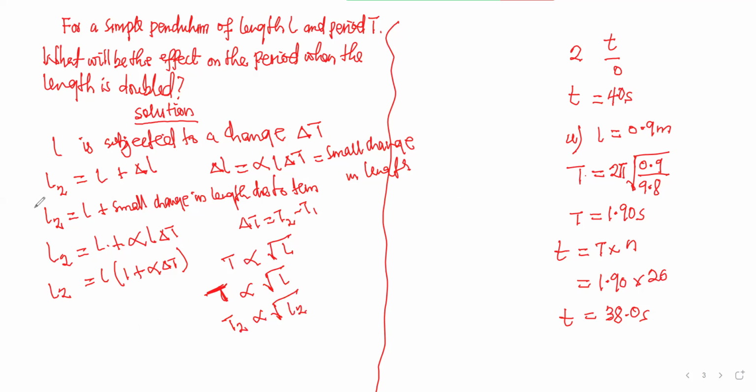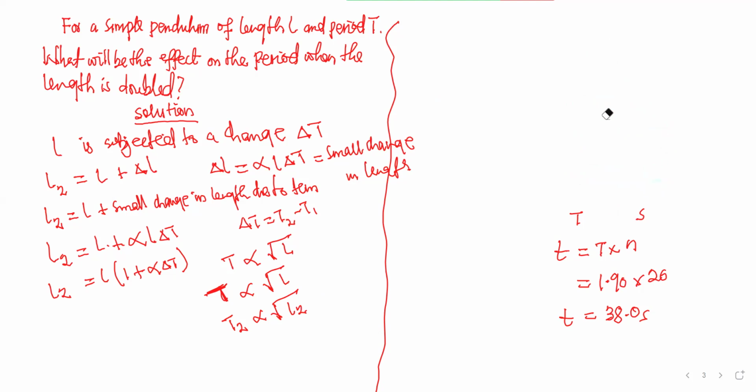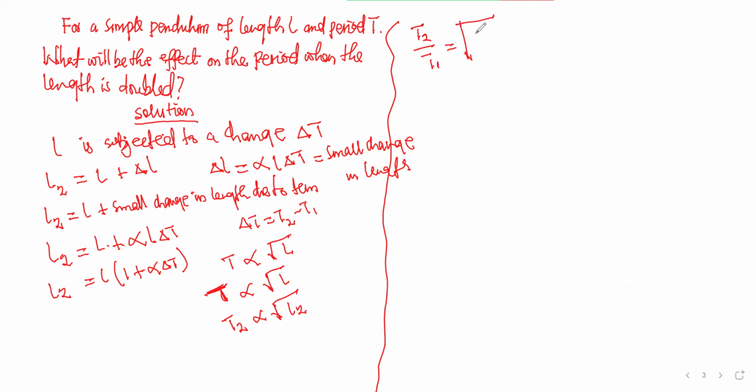So when you take the ratio of the periods, T2 over T1, this is equal to root of L2 over L1.